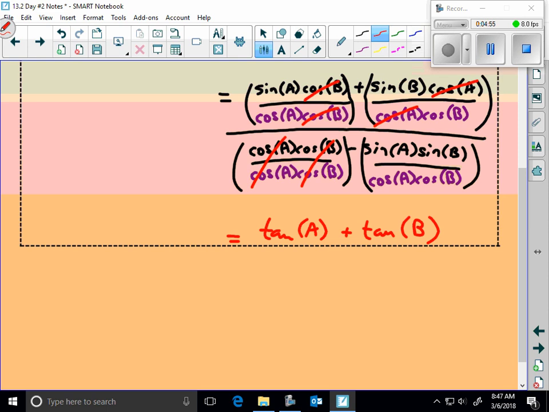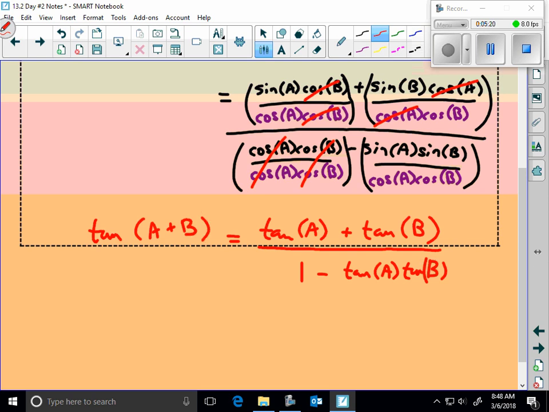It's not 0. It's 1. And then over here in the bottom right, nothing cancels, but I got sine A over cosine A, which is tangent A, and sine B over cosine B, which is tangent B. Excellent. That is our next identity. That is tan A plus B.